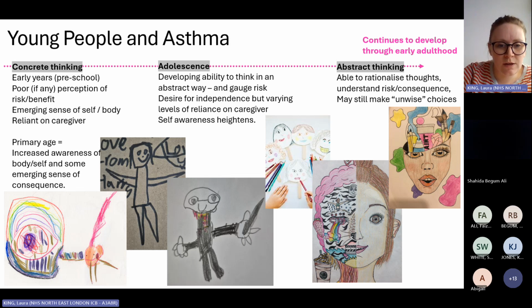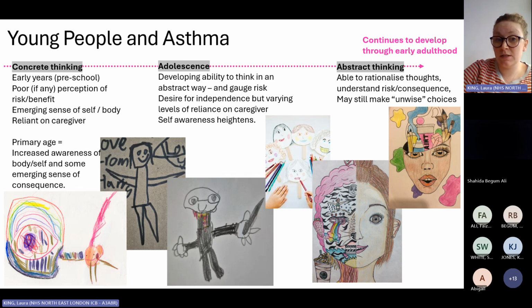If we're going back a little bit, if we're thinking about that middle ground where they're still developing that ability to think in an abstract way, which is really probably where we're going to be when we're initiating this sort of therapy, we really want to make sure we're planting the seed of this is minimizing risk.